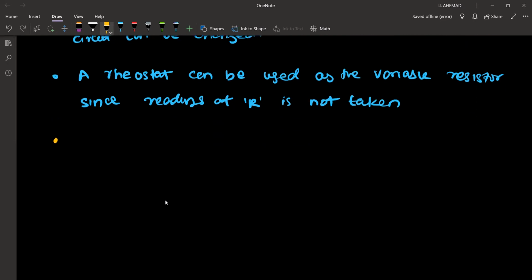So rheostat is like this. We have a wire that is woven tightly around this tube.